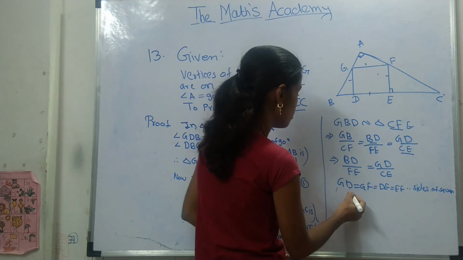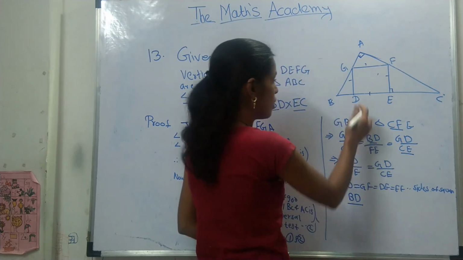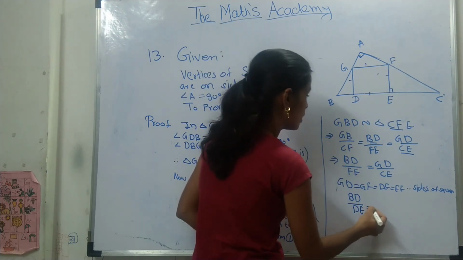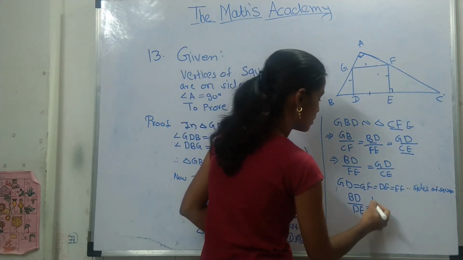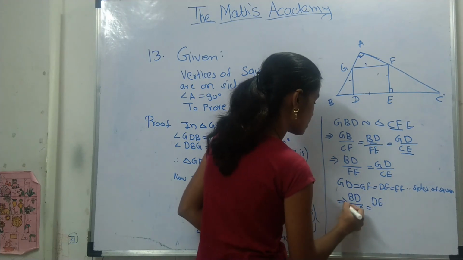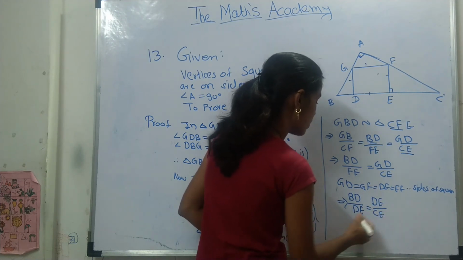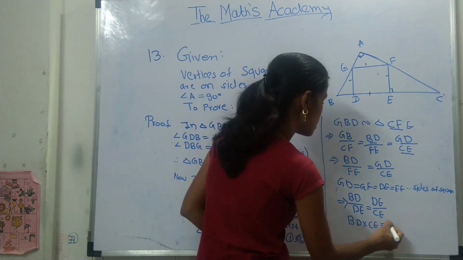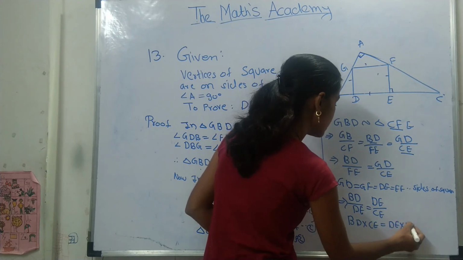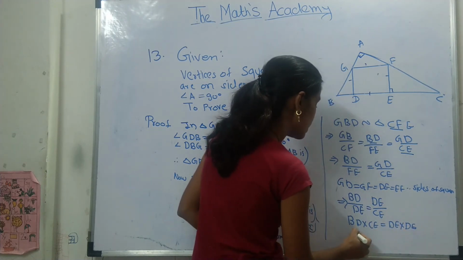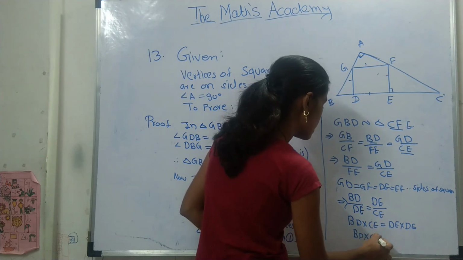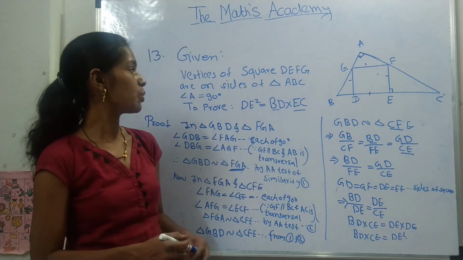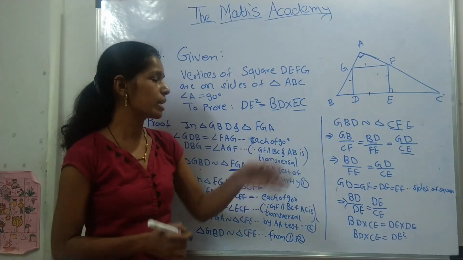So it will be BD upon DE equals DE upon CE, and by the cross multiplication you will get BD multiplied by CE is equal to DE multiplied by DE, and hence BD multiplied by CE is equal to DE square. And in this way we have proved the result DE square is equal to BD multiplied by EC.